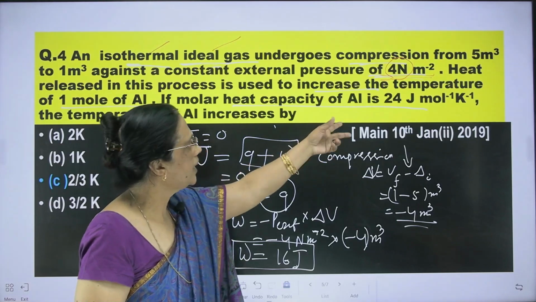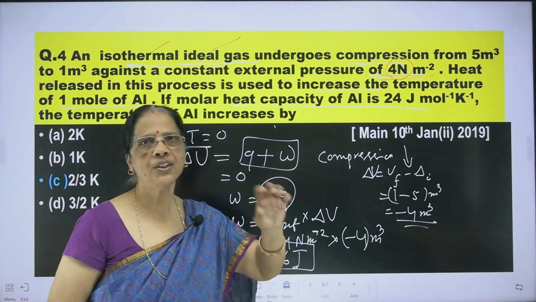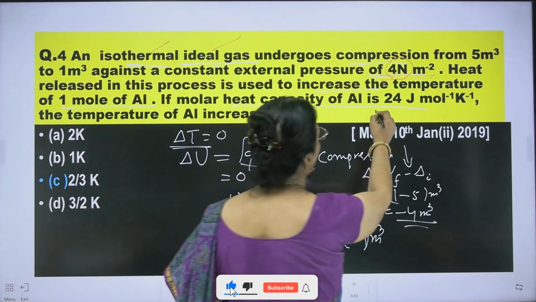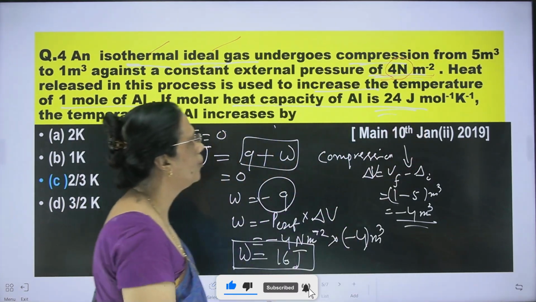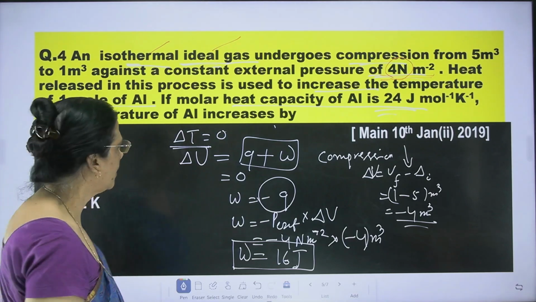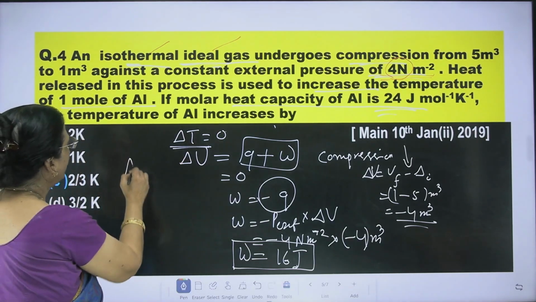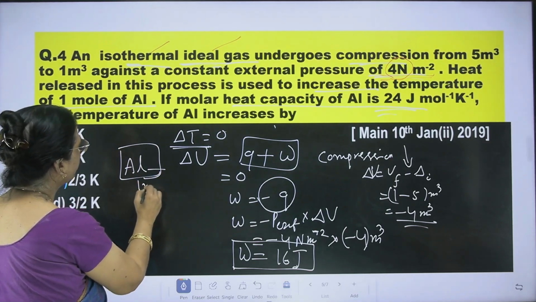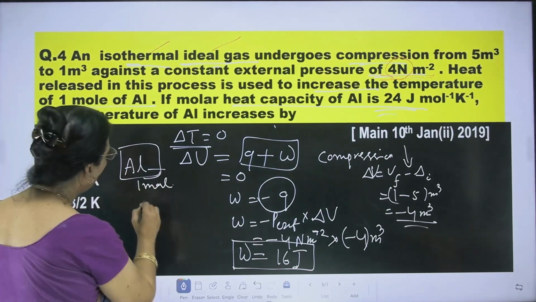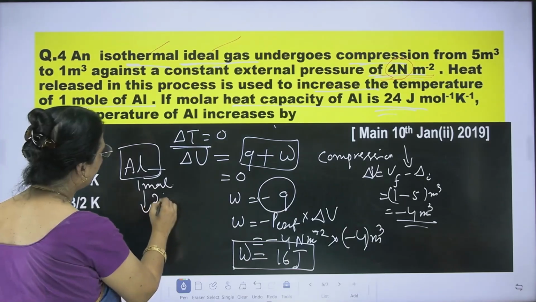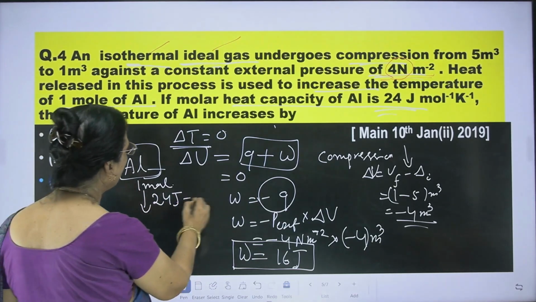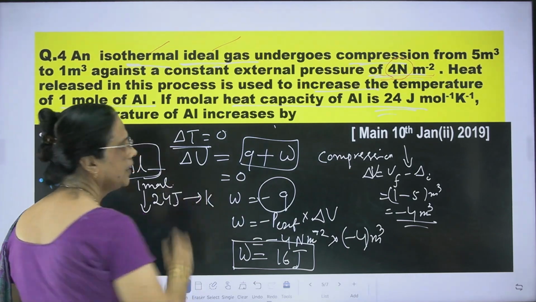Clear? And that heat released has been utilized to increase the temperature of aluminum. And the question has been asked, how much has the temperature increased? The heat capacity of aluminum has been given as 24 joule per mole per Kelvin. That means if you take aluminum 1 mole, then 24 joule will be required to increase the temperature by 1 Kelvin.